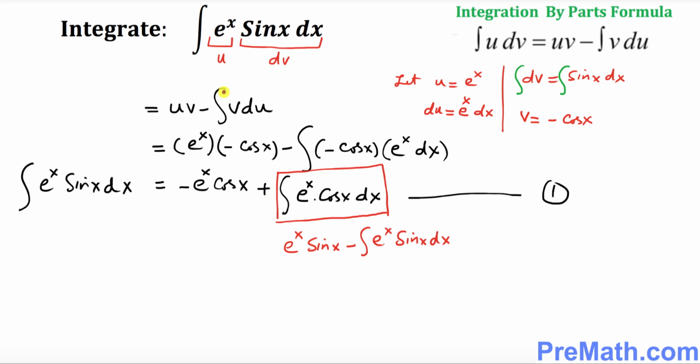We just figured that out, and let's go ahead and fill in the blanks. I'm going to put down the rest over here, which is what? Negative e power x cosine of x, and on this side I am going to write down the integral of e power x sine of x dx.